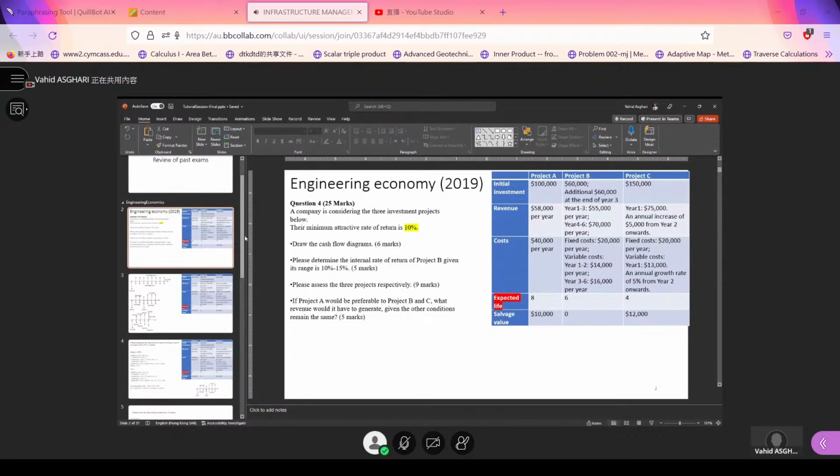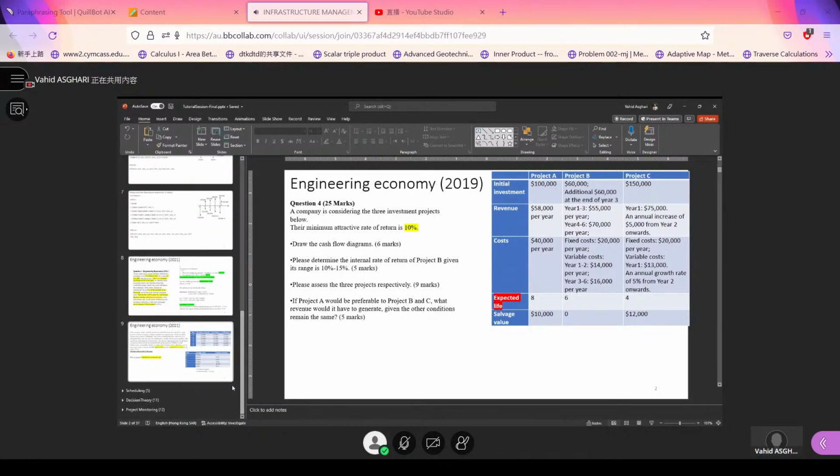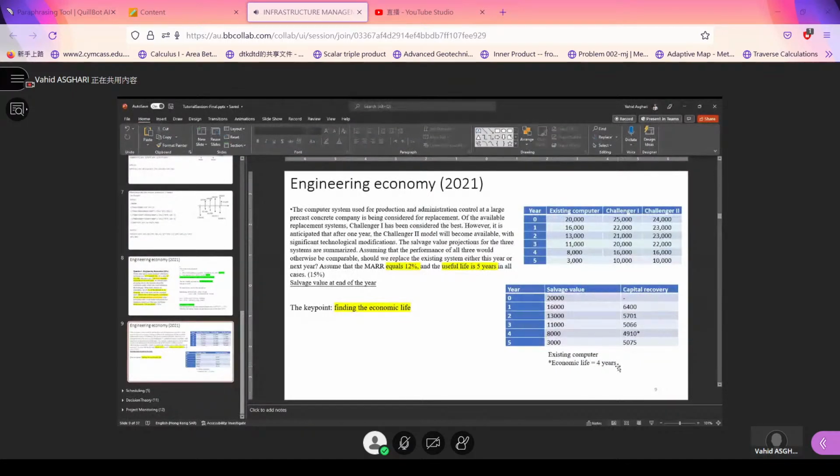Like all the other examples we have already covered, you can do the conventional and equal approach: draw the cash flows, repeat the cash flows, find the net present value or other forms, whatever you are fine with, and then do the comparison. I'm not going to do the calculation here. I just wanted to talk about the key point in this question.